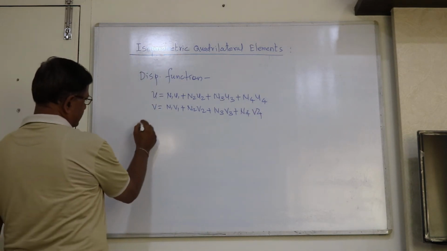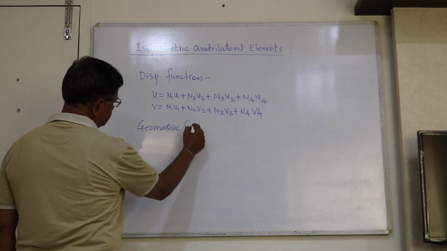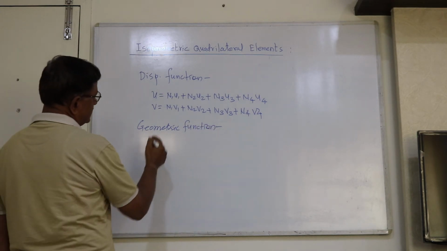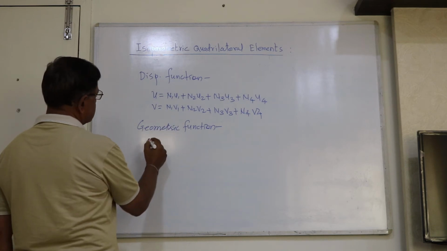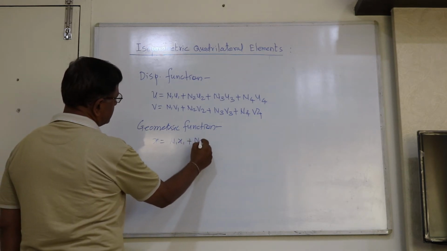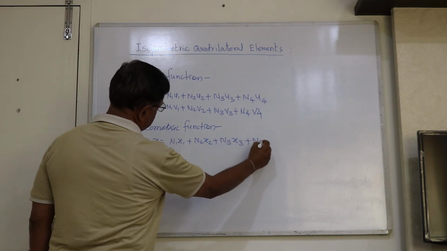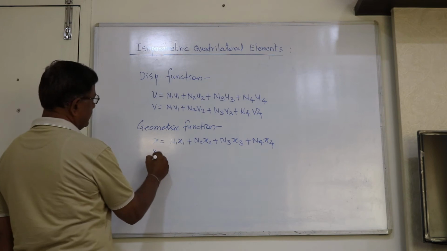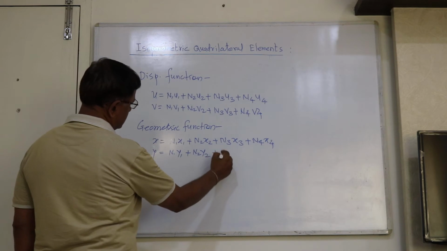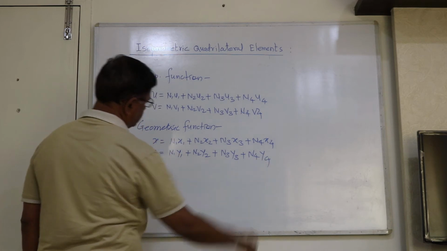Then we have to assume the geometric function. Again, the geometric function is described using the same shape functions: x equals n1 x1 plus n2 x2 plus n3 x3 plus n4 x4. Similarly, y equals n1 y1 plus n2 y2 plus n3 y3 plus n4 y4.